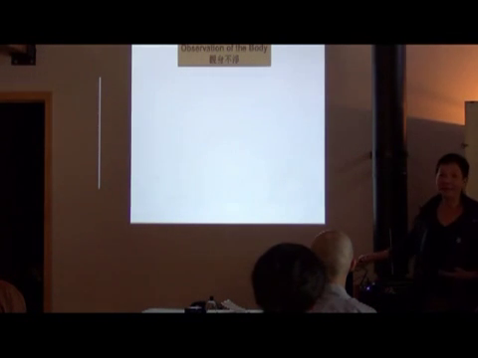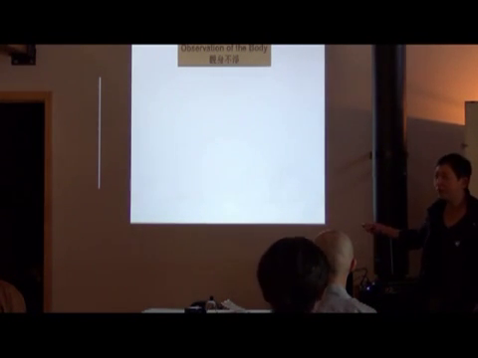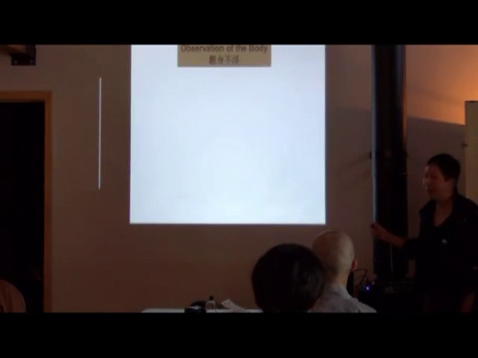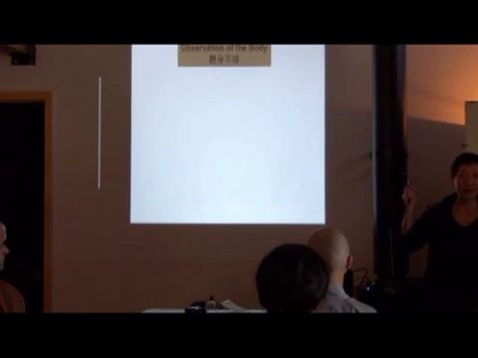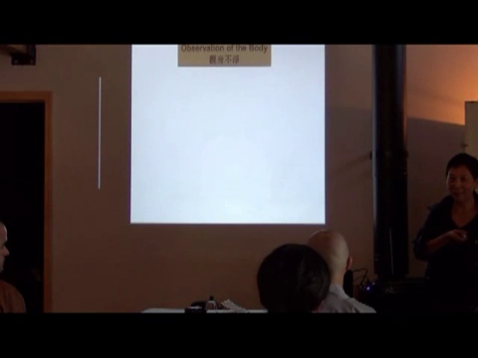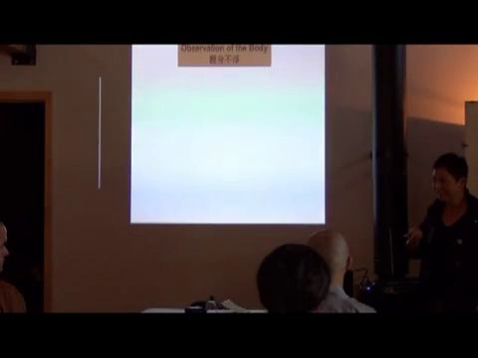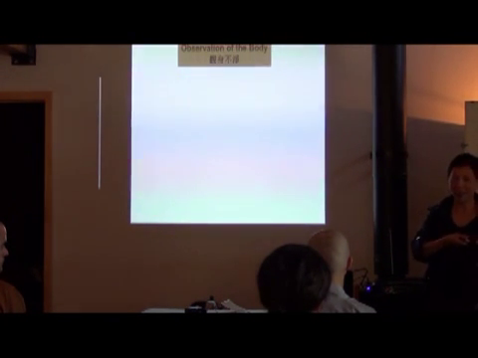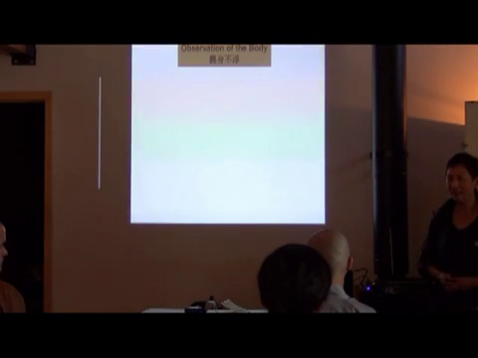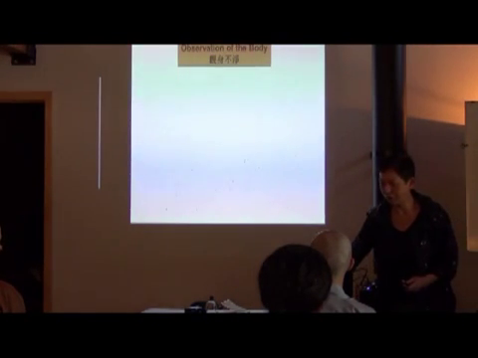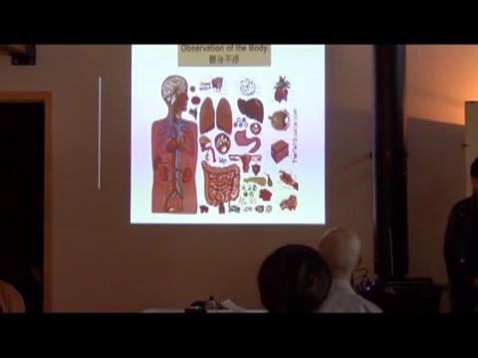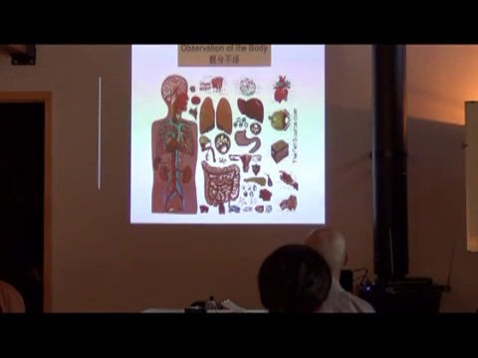I did this before the retreat. Before I show this slide, I asked everybody, did you wash your hands before the meal? Did you take a shower last night or this morning? Are you sure you're clean? And then I show this picture. Tell me which part of the body is clean.